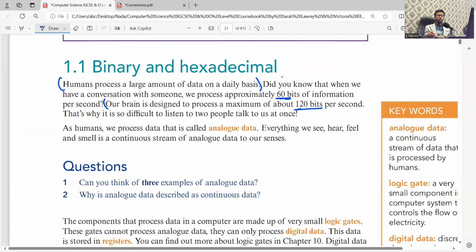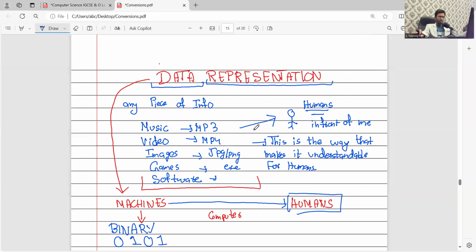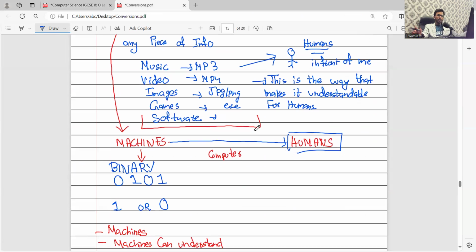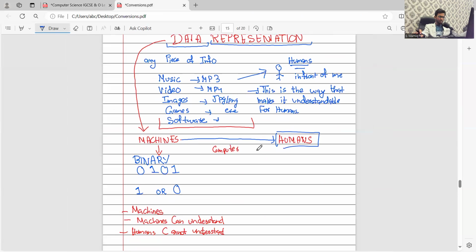So, for example, I'm talking to you, you are listening to me, we are processing and communicating, but in English, which is a different language. You can listen to what I am speaking, you can process what I am speaking. So this is basically data representation.